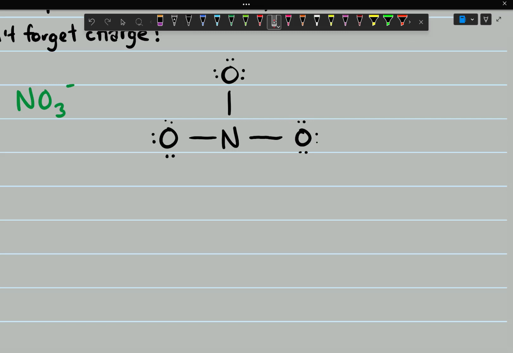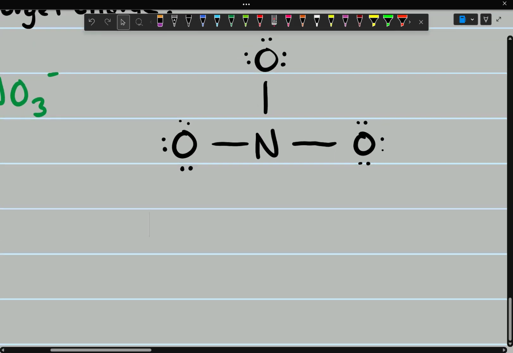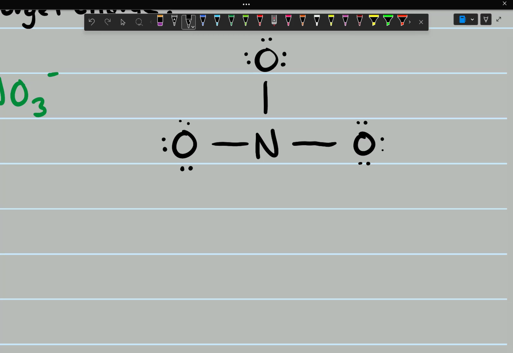But that's a problem, because we may have satisfied the amount of valence electrons, but our central atom doesn't satisfy the octet rule. So what we can do to fix this is we can make one of our single bonds into a double bond here and erase one of our lone pairs.